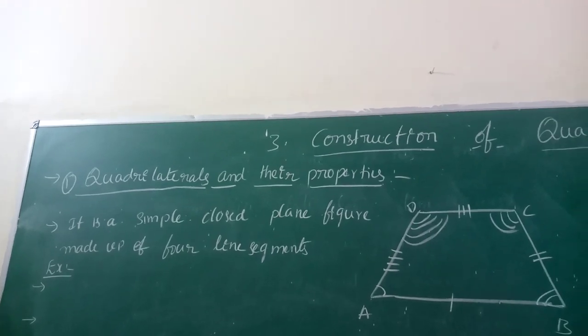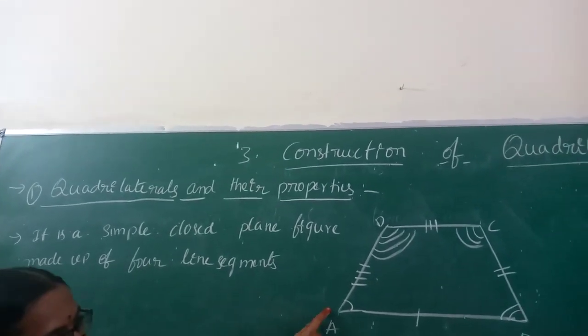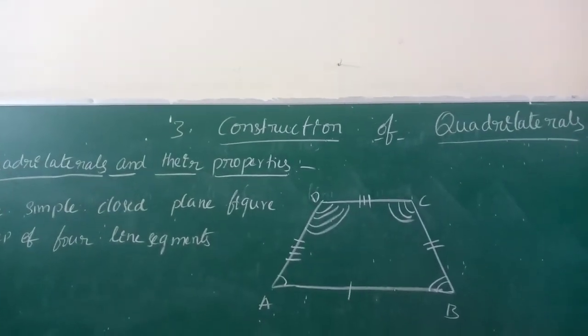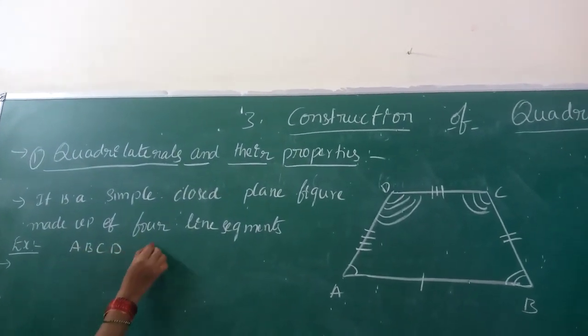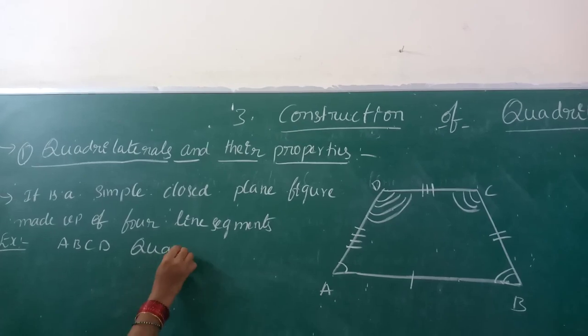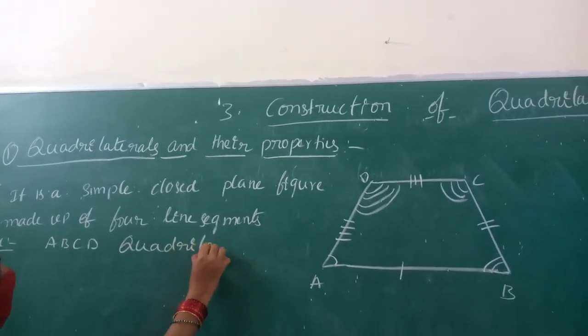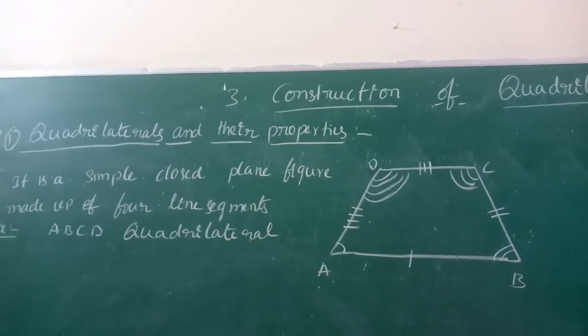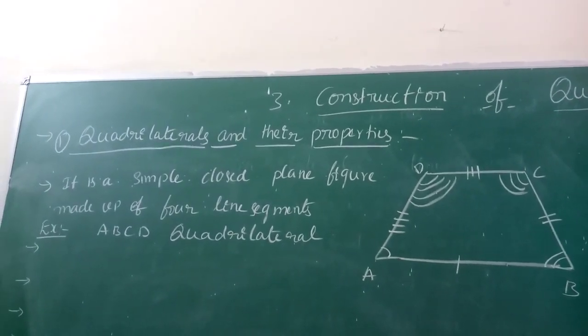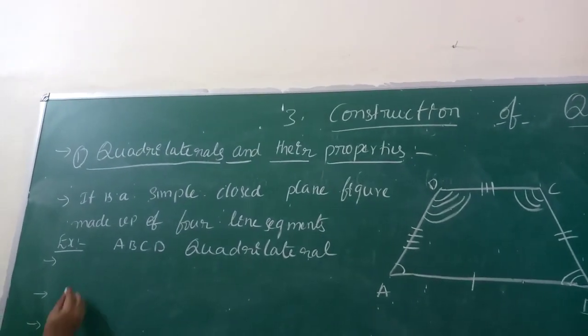It is called a quadrilateral. So, example, the adjacent figure. What is the name of this quadrilateral? ABCD quadrilateral.